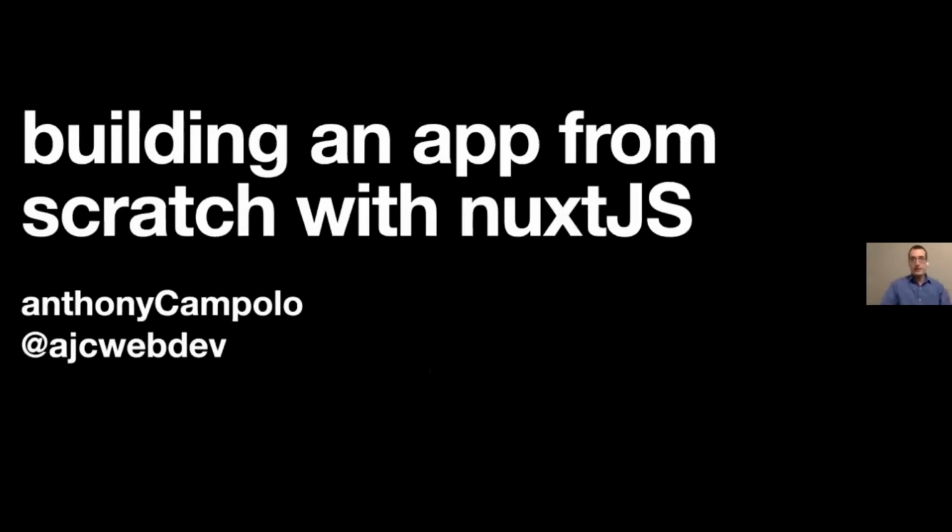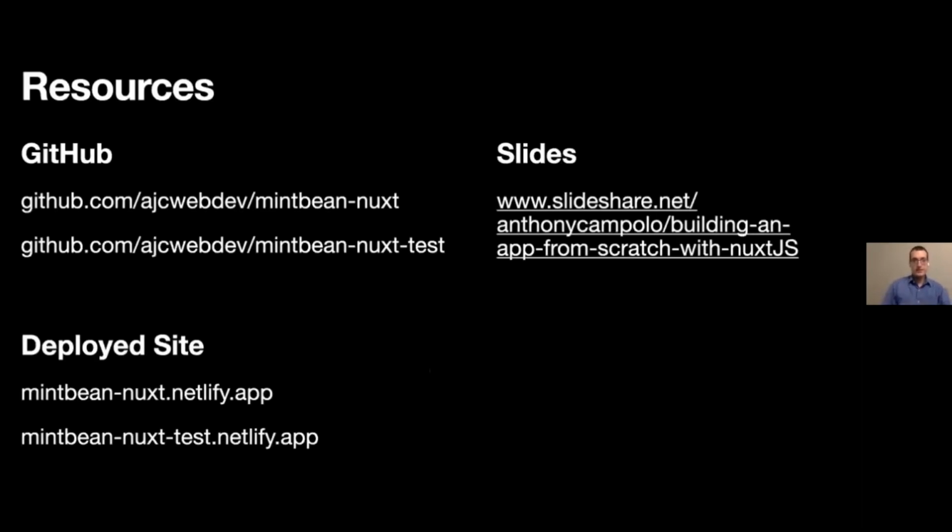All right, so we are going to be talking about building an app from scratch with Nuxt.js. So Nuxt.js is built on Vue.js. And here's some resources. If you go to the Mintbean-Nuxt GitHub, or the Mintbean-Nuxt Netlify, those aren't going to go anywhere.